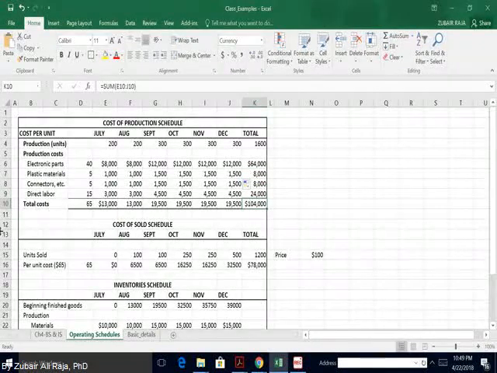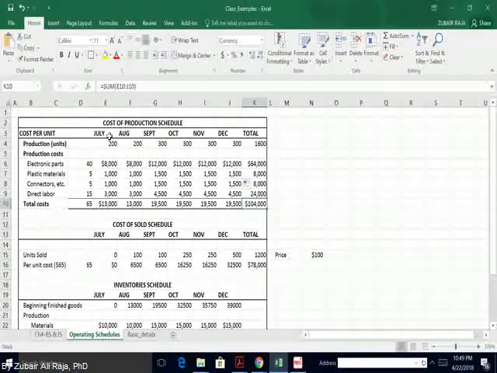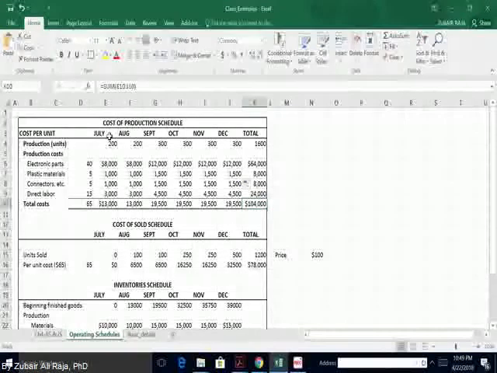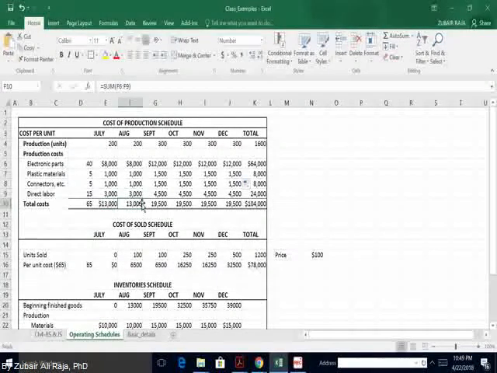So this total cost row is saying that in the month of July, the company manufactured 200 units or 200 scanners, and the cost was $13,000. Likewise, for August, they again manufactured 200 and 13,000 is the cost.